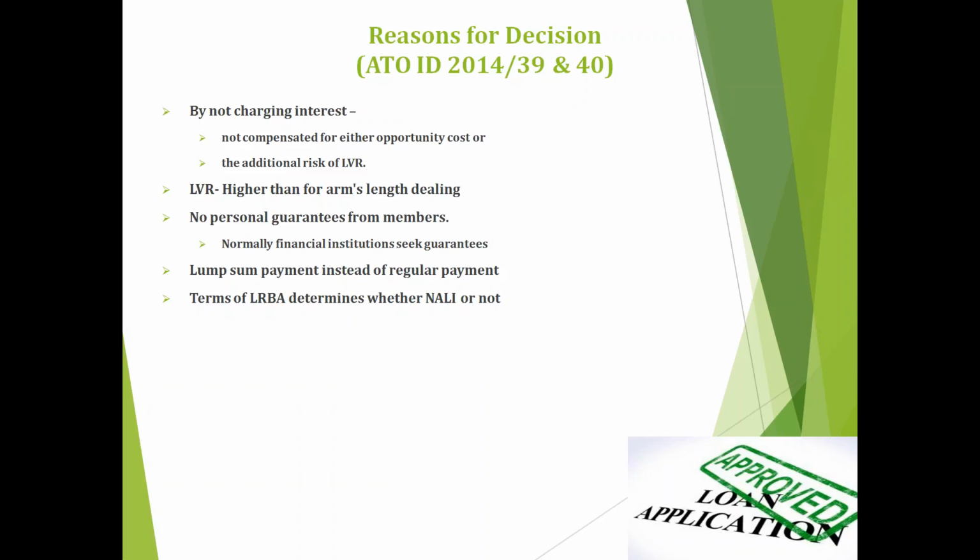Firstly, the lender was not being compensated for either the opportunity cost or the additional risk by not charging interest, particularly since the limited recourse nature of the loan posed an additional risk for the lender. Secondly, the loan-to-value ratio was higher than what arm's-length dealing would have specified. Further, no additional security compensated for the additional risk posed by limited recourse borrowing.